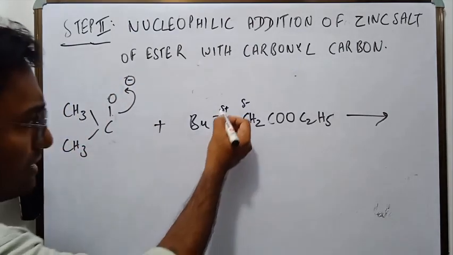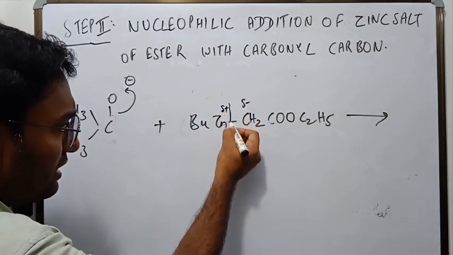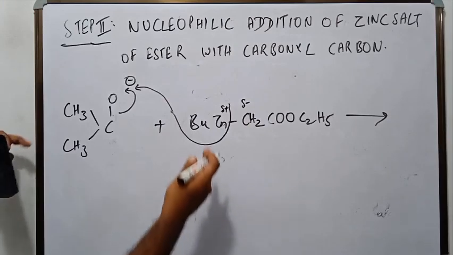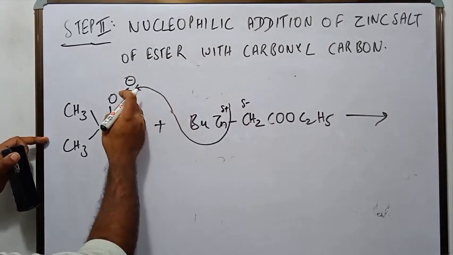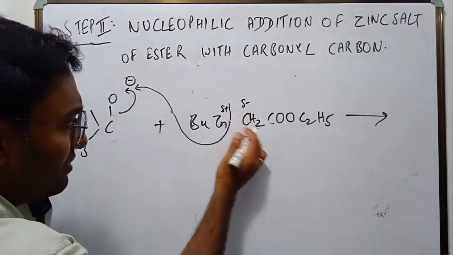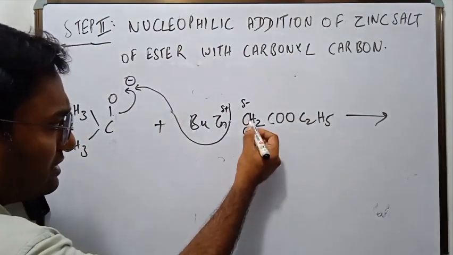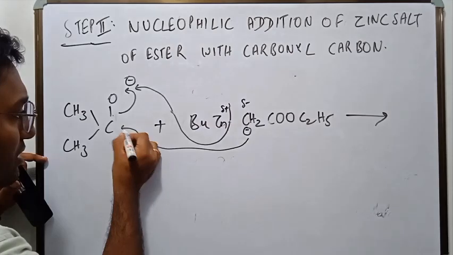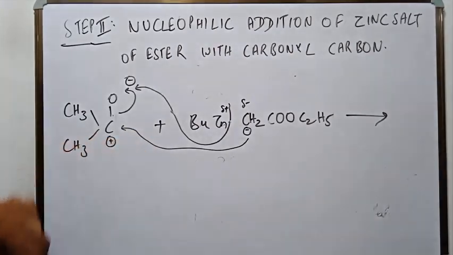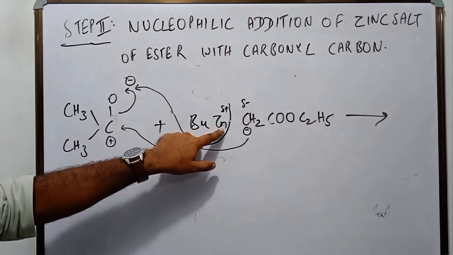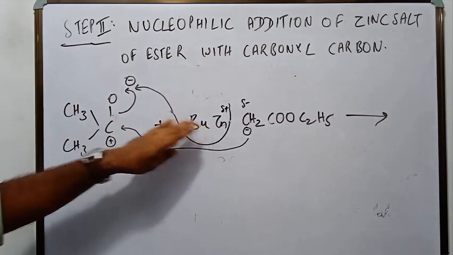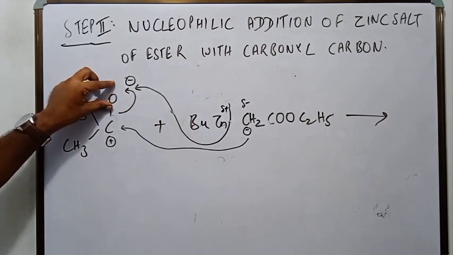Now the ZnBr part can come and attack here. When the ZnBr part comes and attacks here, the pair of electrons is left here. This is adding nucleophilically to the carbonyl carbon, which is positive. The ZnBr part prefers oxygen because oxygen is more electronegative.